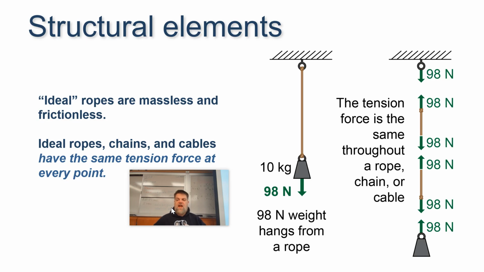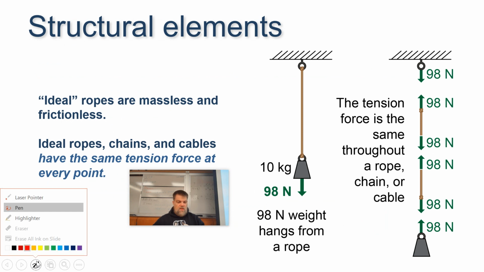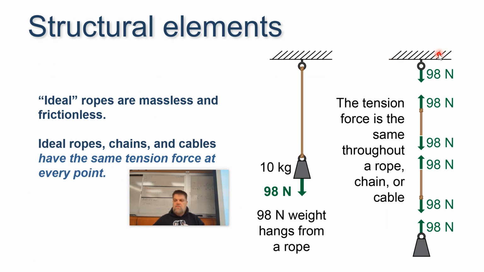So if you start over here at the top, right here, this little hook is being pulled down at 98 newtons. So this has to be anchored in here really, really well, enough to hold 98 newtons.